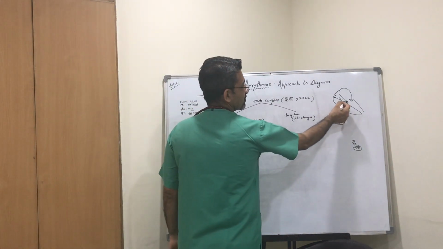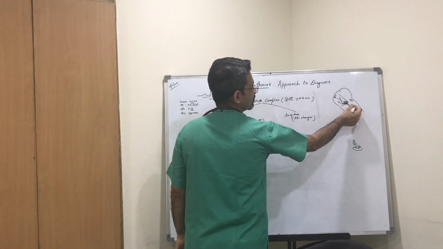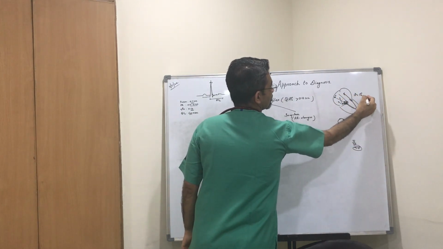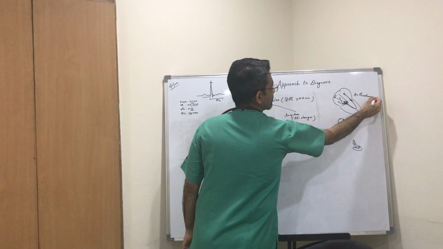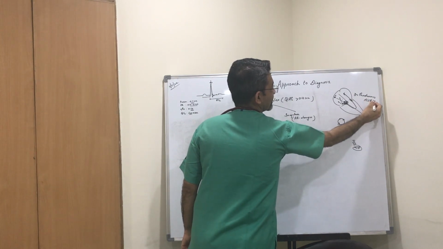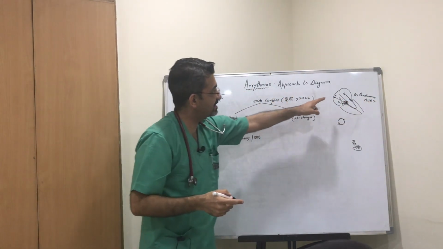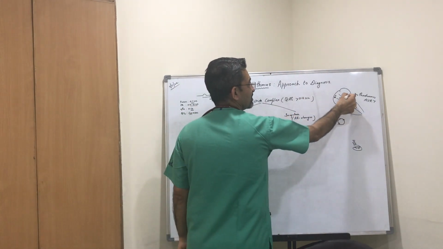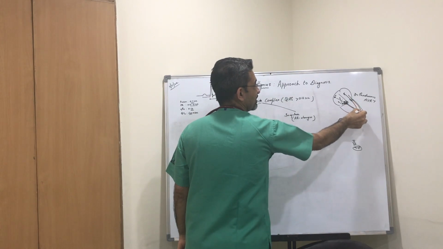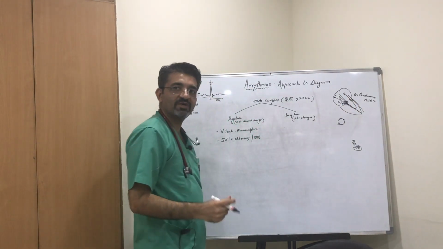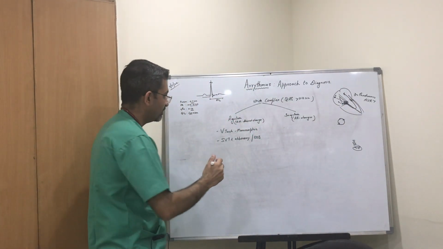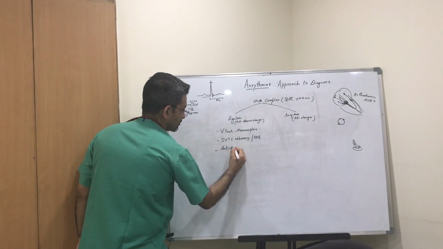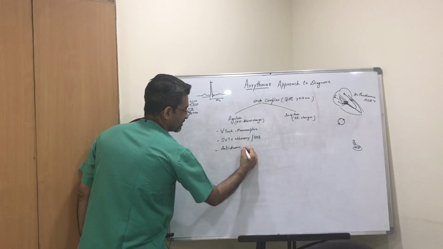When the current passes from the AV node and goes through the bundle of Kent up, this is known as orthodromic AVRT. The QRS complex will be normal because the conduction is through the normal conducting system. Suppose the current passes from the bundle of Kent to the ventricle and then goes up, so the QRS will widen. So this is known as antidromic AVRT.